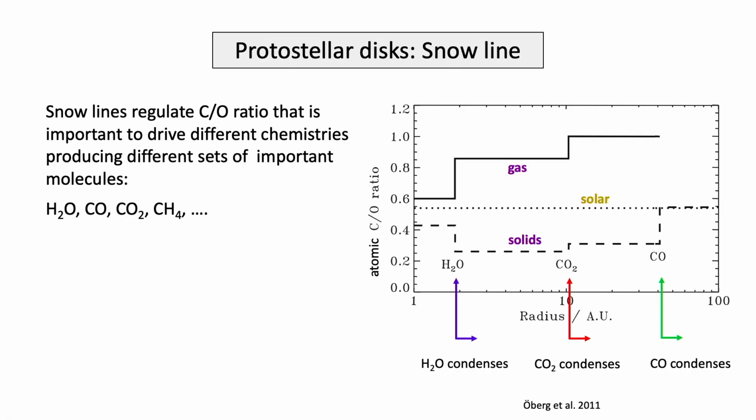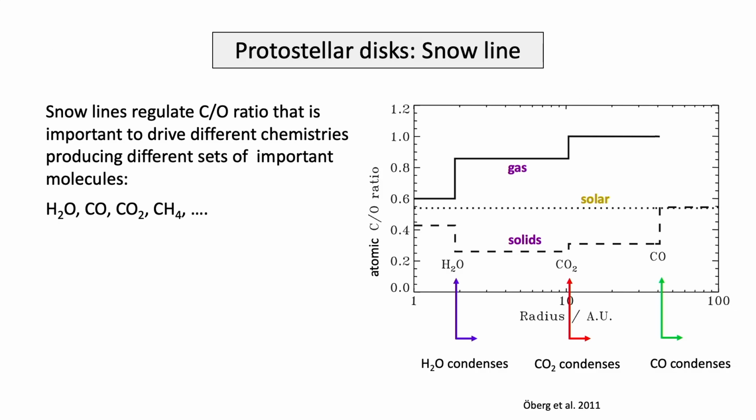Now, if you start with a certain ratio, like in the solar system, actually, it's about 0.55. That's what you expect. The overall ratio. Let's start here in the inner solar system. There are also, of course, other molecules, so I don't show all of them. We just assume now that there's H2O, CO2, and CO.